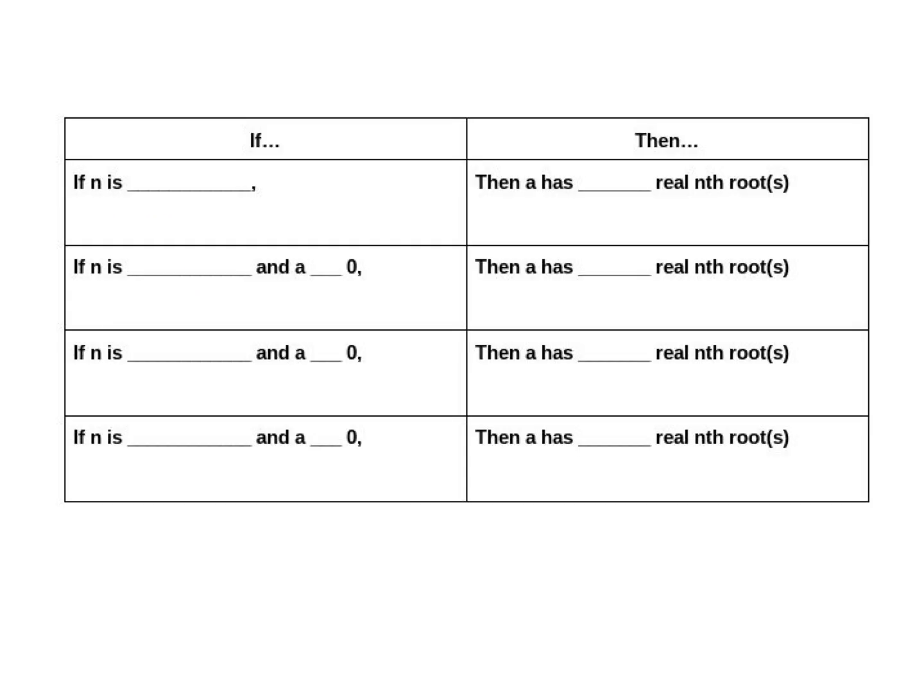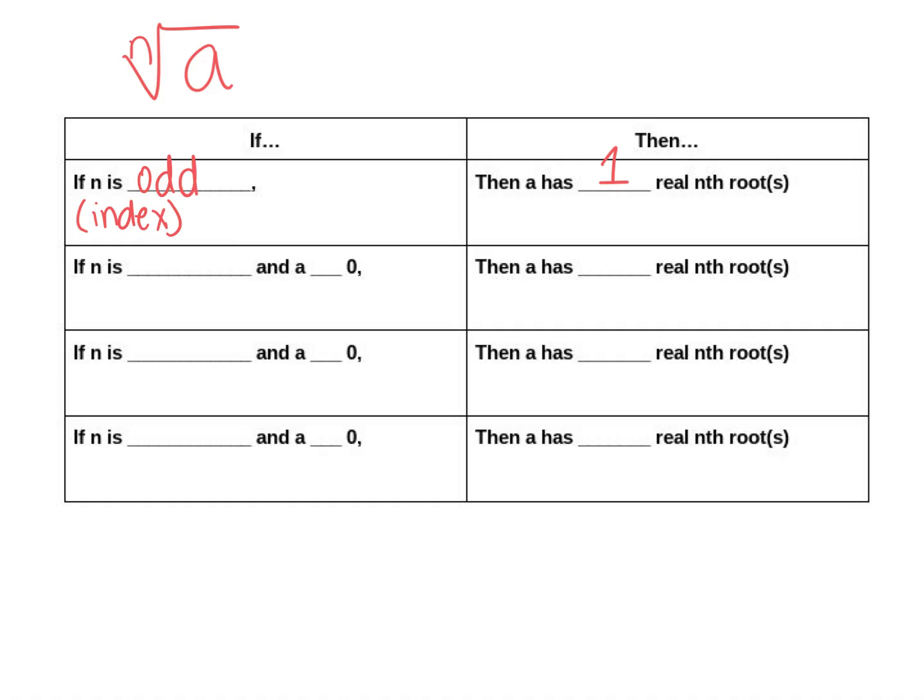Okay, we've got some rules about the types of answers that you're going to get. Remember, n is all your indexes. So this is the nth root of a. If your index is an odd number, then a, the number under the radical, has one real root.